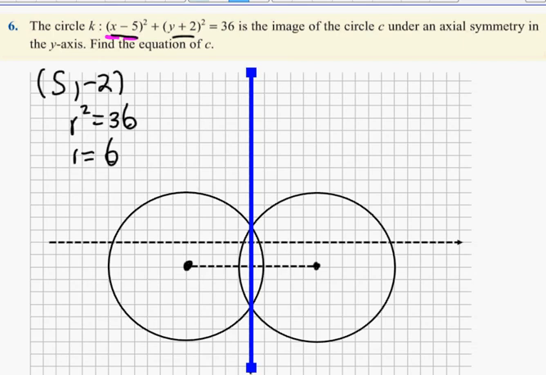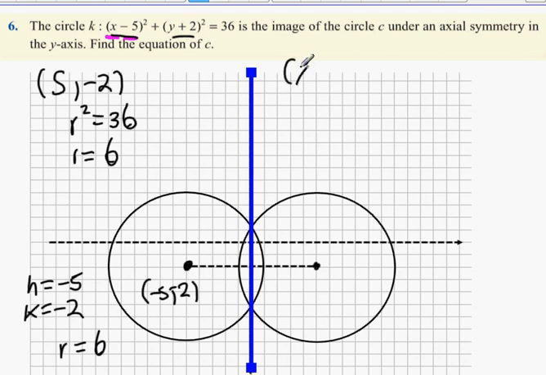Okay. Now what's the centre of the new circle? 5 across, minus 5, and 2 down, minus 2. So h equals minus 5 and k equals minus 2. What's the radius? 6. Same as the old one.